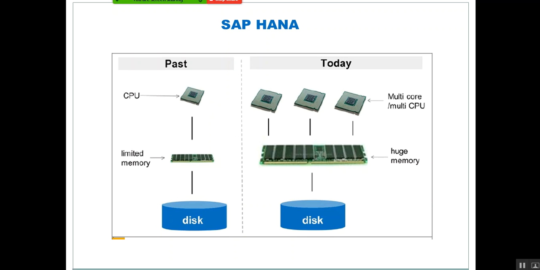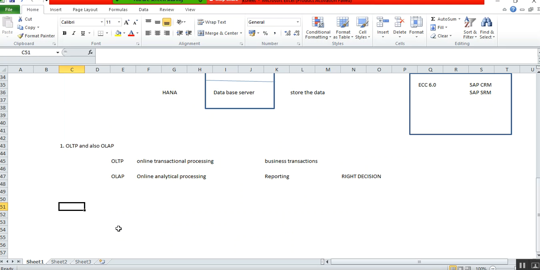Okay. And the second one, what technically this HANA database is doing: in the SAP HANA database they are using multi-core processors. What SAP is saying is that because of digitization and technological improvements, the hardware cost has been reduced significantly compared to 10 or 15 years back.